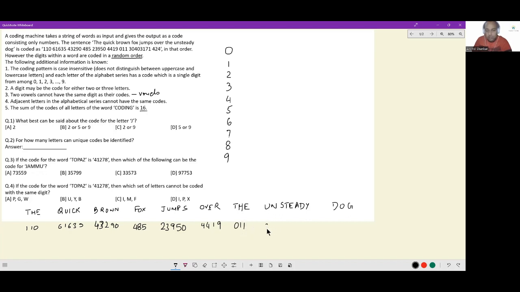Unsteady is coded as 30403171. And dog is coded as 424. So we have to write this down. This is not nice. This should be 5.